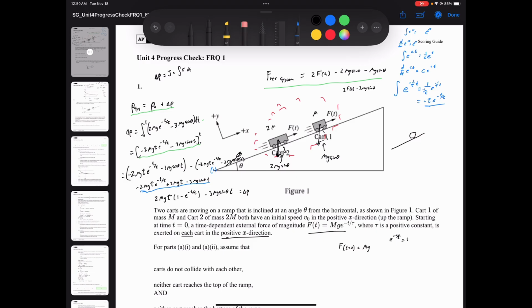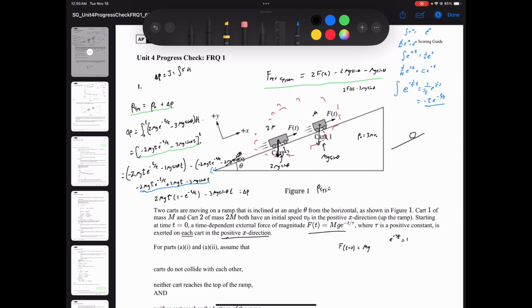So this system has some initial momentum, right? Because these carts start with some initial velocity. This is just my impulse acting on the system. So my final expression, so P of the system, right? Cart 2 has a mass 2m v naught, and cart 1 has a mass m v naught. So P naught is basically 3m v naught.